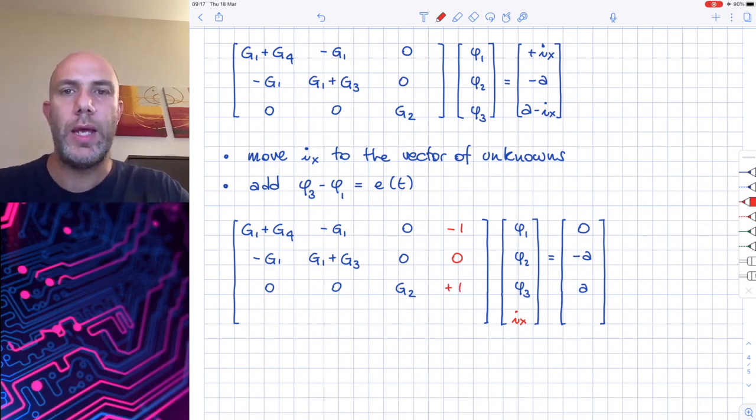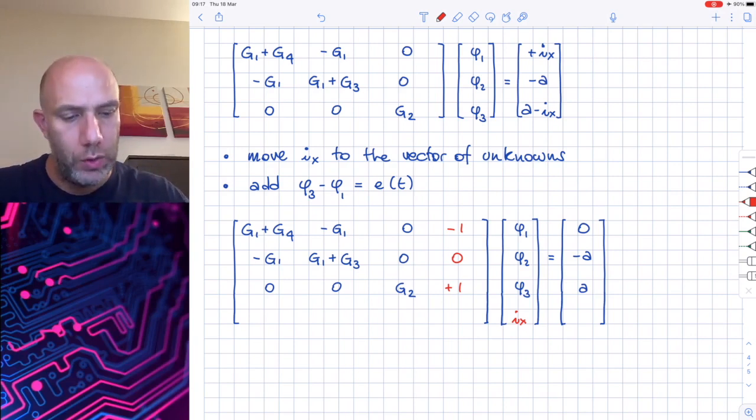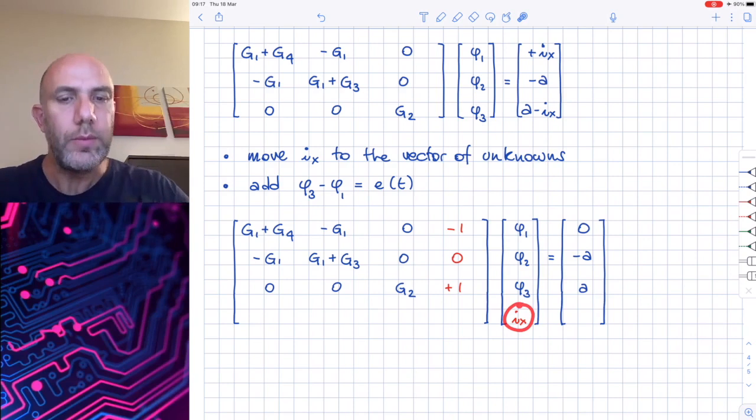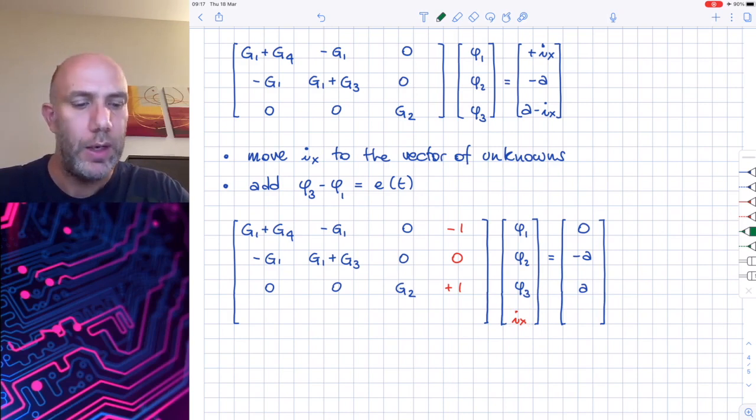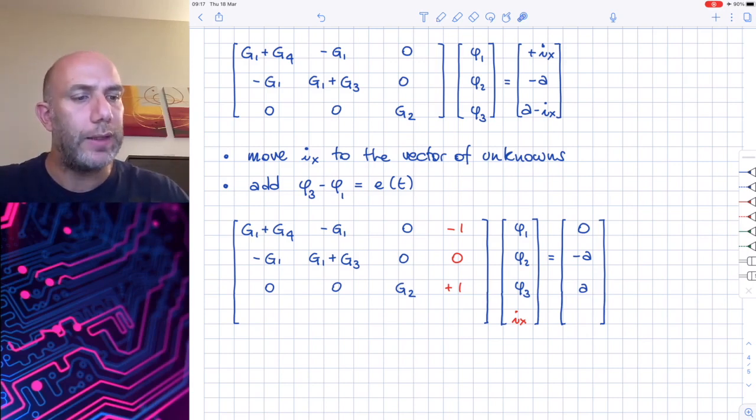So in this way, by adding one column at the end of the original system and adding one unknown in the vector of unknowns, we have actually described exactly the same system as before, but with Ix as unknown. We still have to add the contribution of the voltage generator.